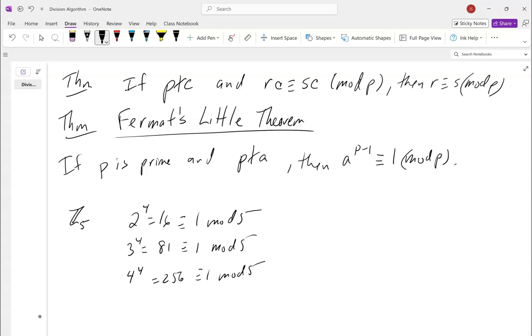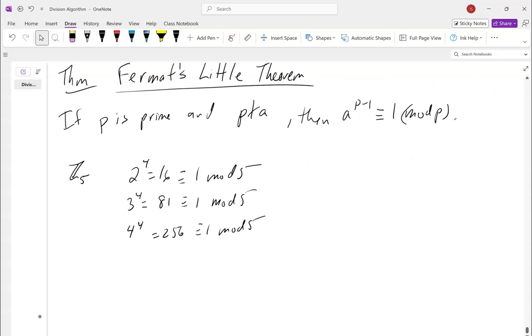And it doesn't matter the prime. 0 obviously will give you 0 back out, right? But any other integer between 1 and p minus 1, if you raise it to the p minus 1 power, you always get 1 every single time.